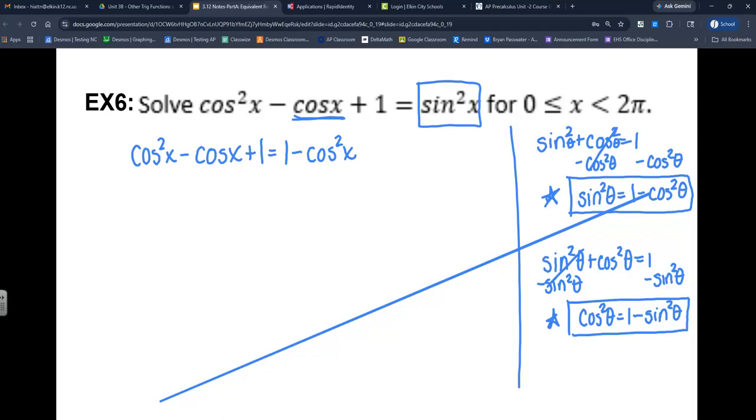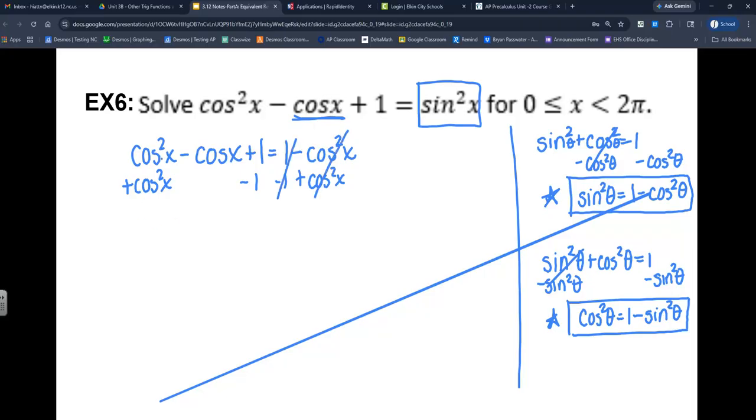Now this is starting to look like the problems you were doing on the quiz and the other day, right? So if I've got a quadratic, I move everything to one side. So I'm going to add the cosine squared x, and I'm going to subtract this 1 right here. So this is gone.